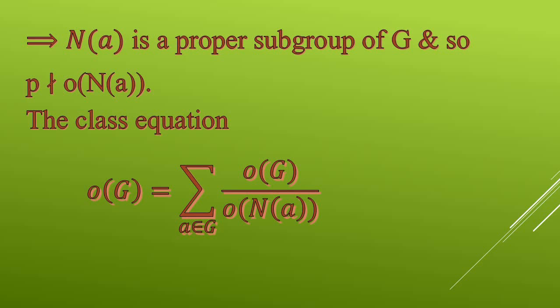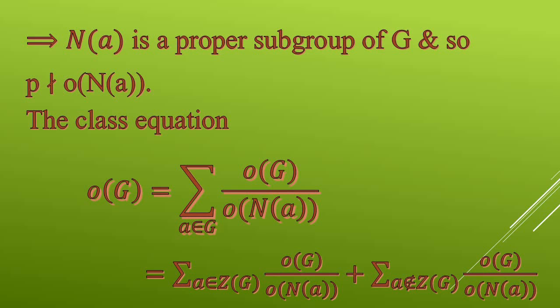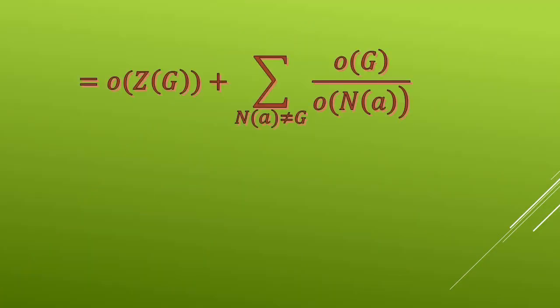In this class equation the summation is split into two parts: one is a belongs to the center Z(G), and the other is a does not belong to the center Z(G). So the first summation gives the total number of elements of the center of G, that is the order of Z(G), plus the second part comes as it is. In this term we have to use the previous lemma, N(a) not equal to G, in place of a not belonging to Z(G).